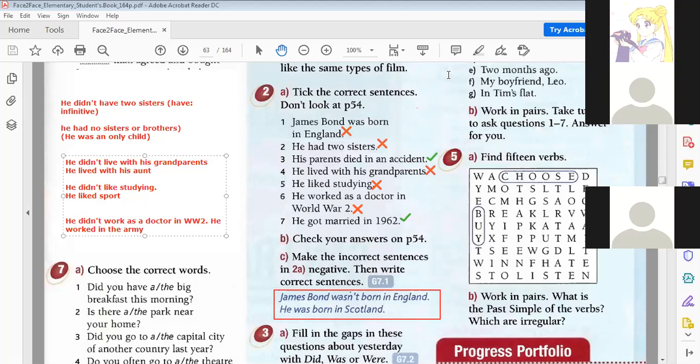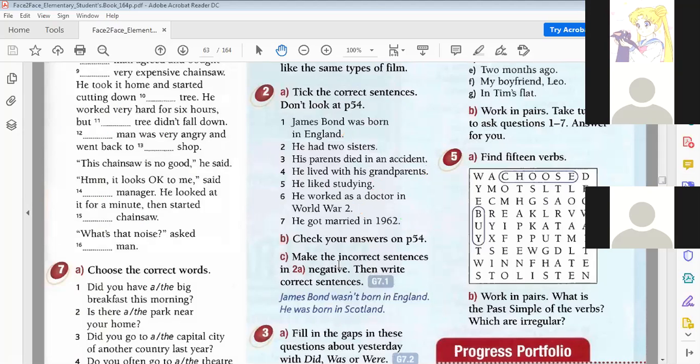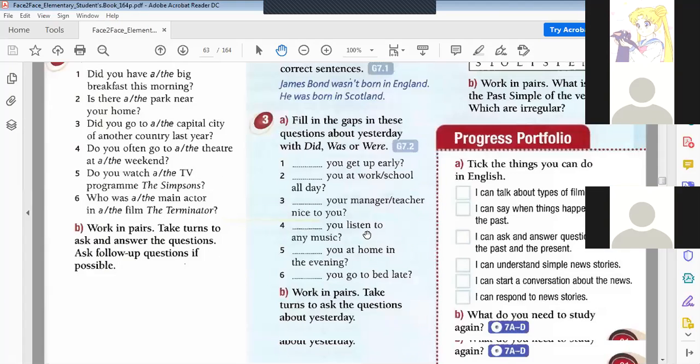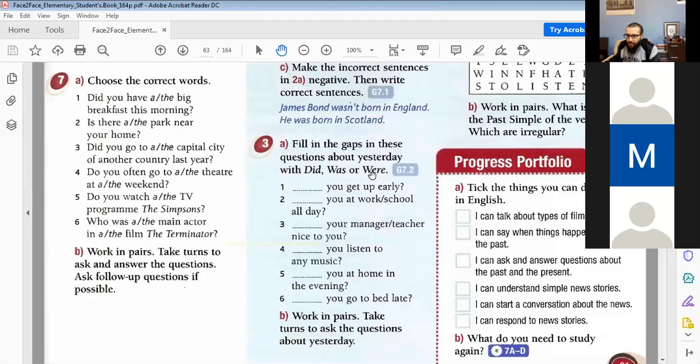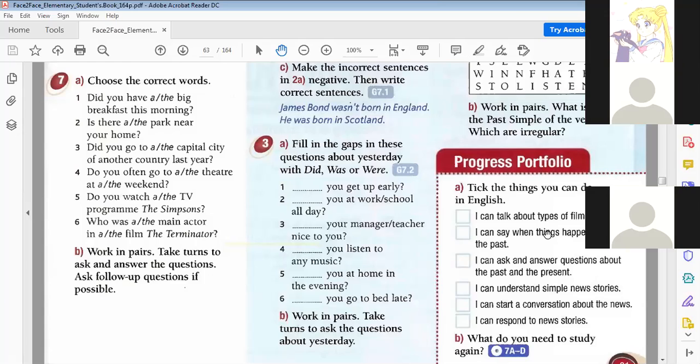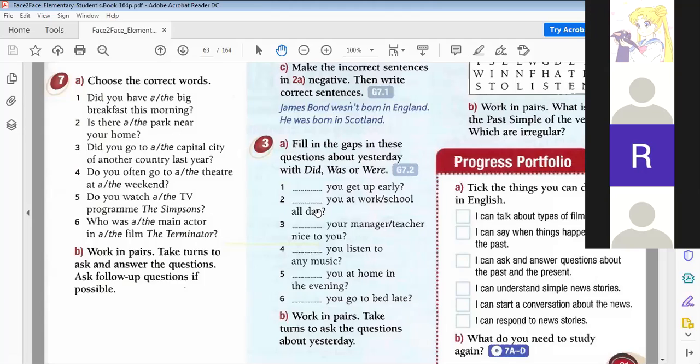Now, in the next exercise, number 3, we're going to talk a little bit about questions. This time we want to talk about questions using the past simple. So here we have did, was, and were. So let's make them into questions. Rani, can you hear us? Are you there?